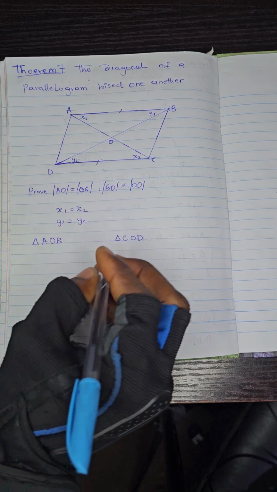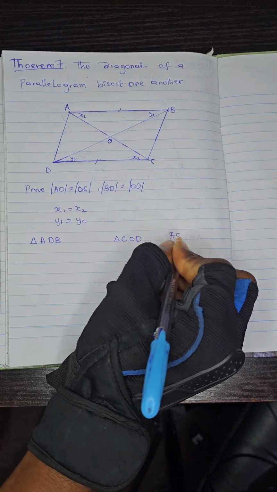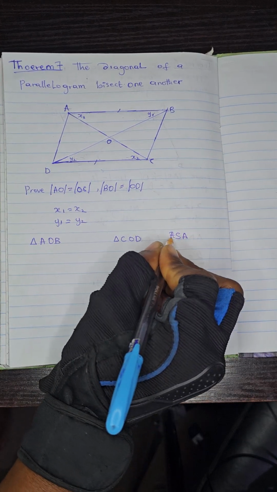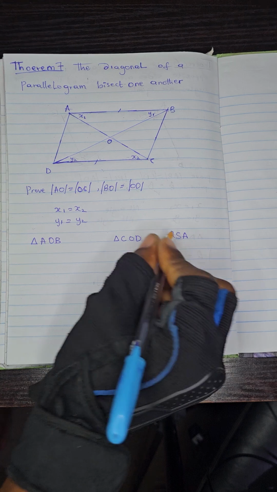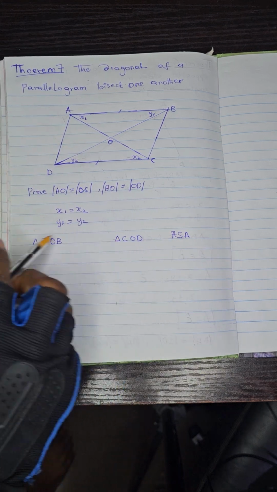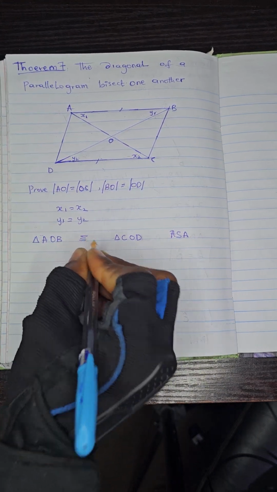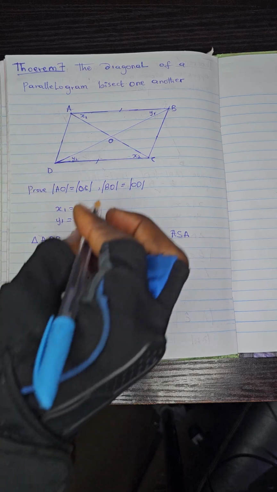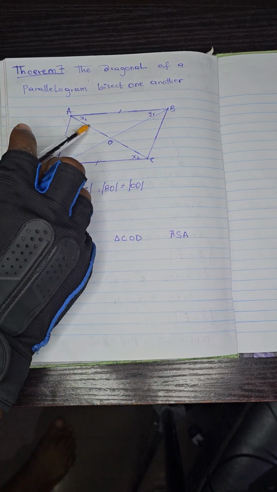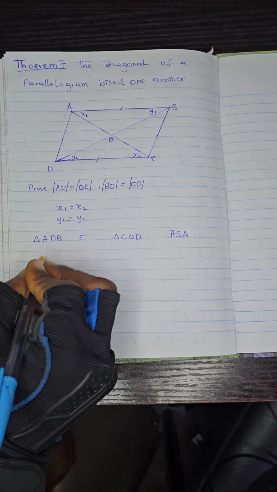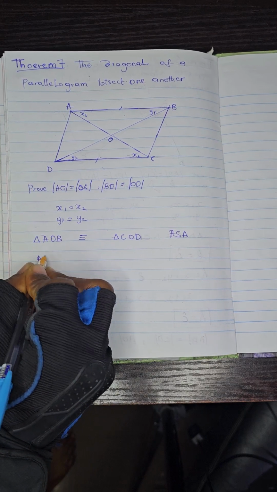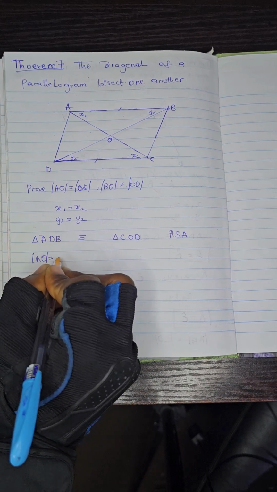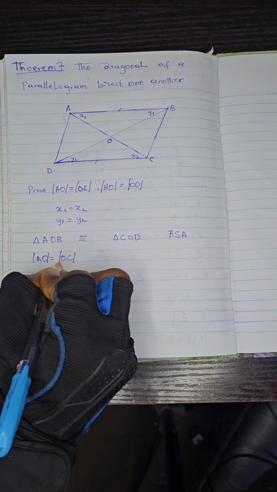So we've already satisfied our congruent triangle condition. This is two angles and one side. So for that reason, these two triangles are congruent. And since they are congruent, any sides that look similar will be equal. We call it corresponding sides. So this side corresponds to this side, so you can comfortably say AO is equal to OC because they are corresponding.